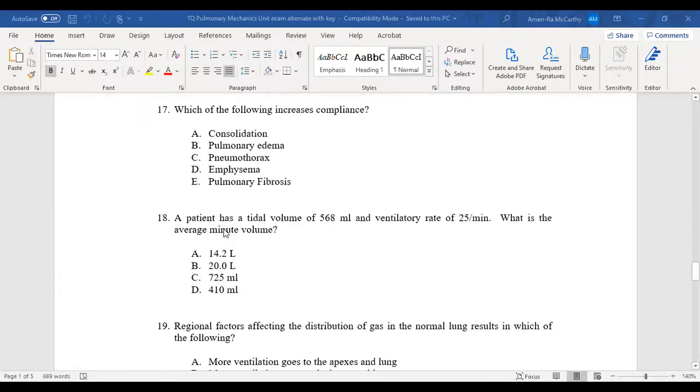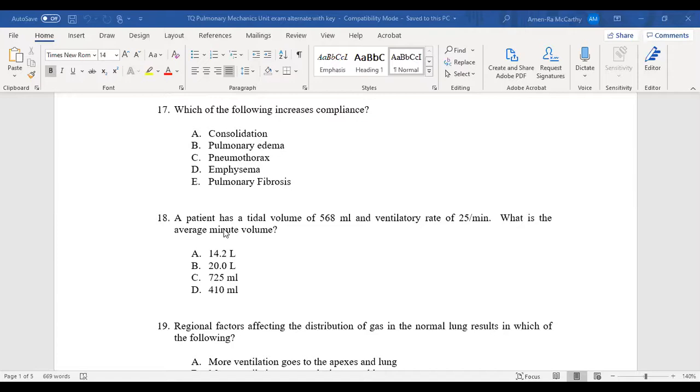All right. Now, number 17. Which of these following can increase the compliance? Which one of these would increase compliance? So you got to think about compliance being increased. What does that mean for elasticity? What does that mean for different diseases? So think about that before you look at your choices.